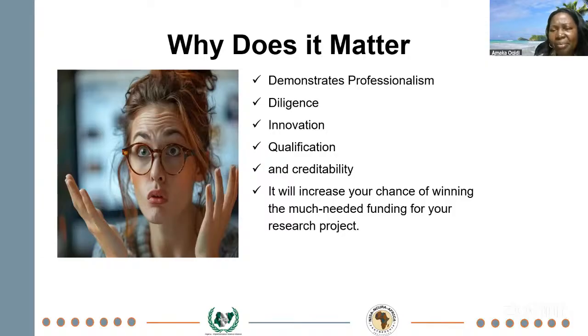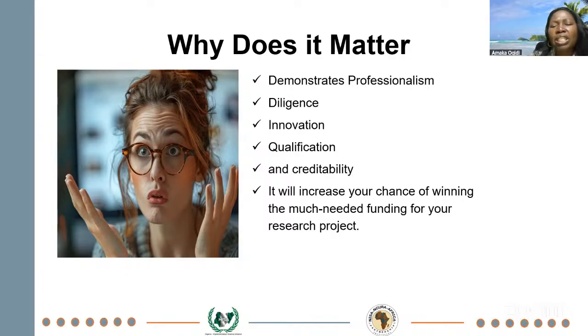Why does it matter? Why is it important to take time to assemble this? Because it demonstrates professionalism for the person that is doing it. It depicts diligence to pick all the pieces together. Innovation, ability, even the ones that are still not clear, your ability to be innovative enough to make inquiry, look at the ones they have funded, ask questions, use the resources to make sure that you come up with something that is complete.